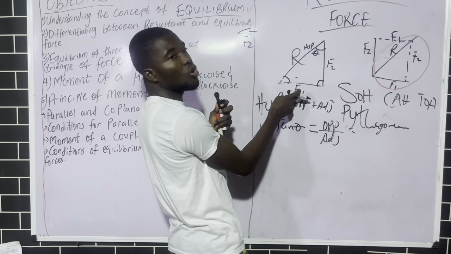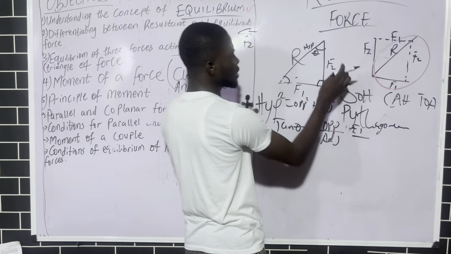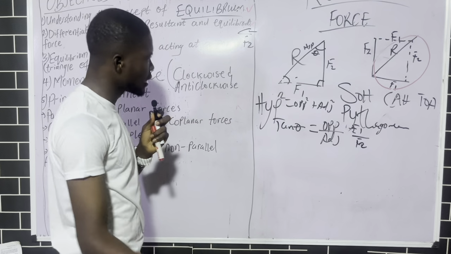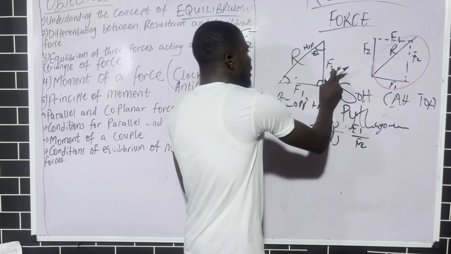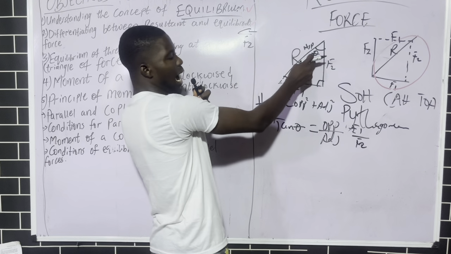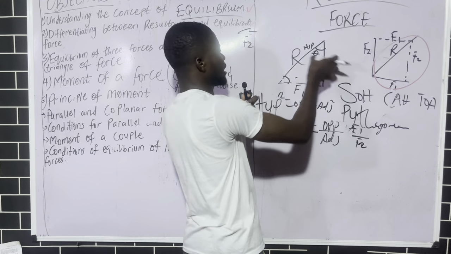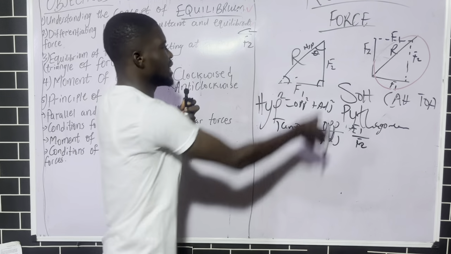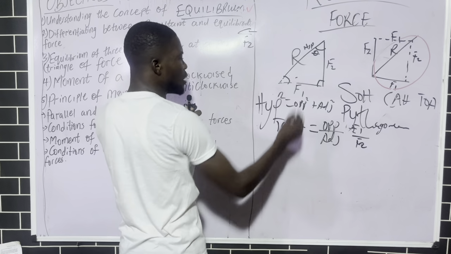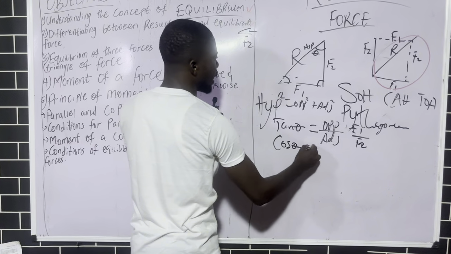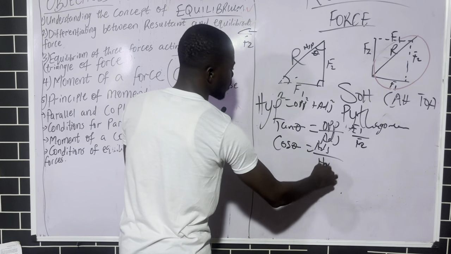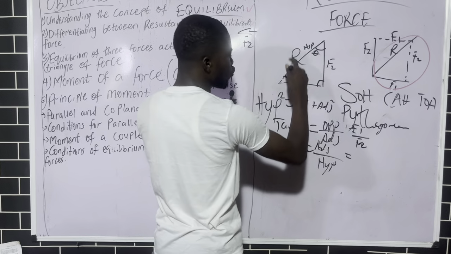Since this side represents opposite, it will be F1, over, since this side represents adjacent, F2. Do you see that now? As easy as that. If I'm given this side and this side, and I want to find the angle, since this is the angle, this will be the opposite, this is adjacent, this is hypotenuse. So which one is representing adjacent and hypotenuse? That's cos. So I'll say cos theta is equal to adjacent over hypotenuse, and that's F2 over R.